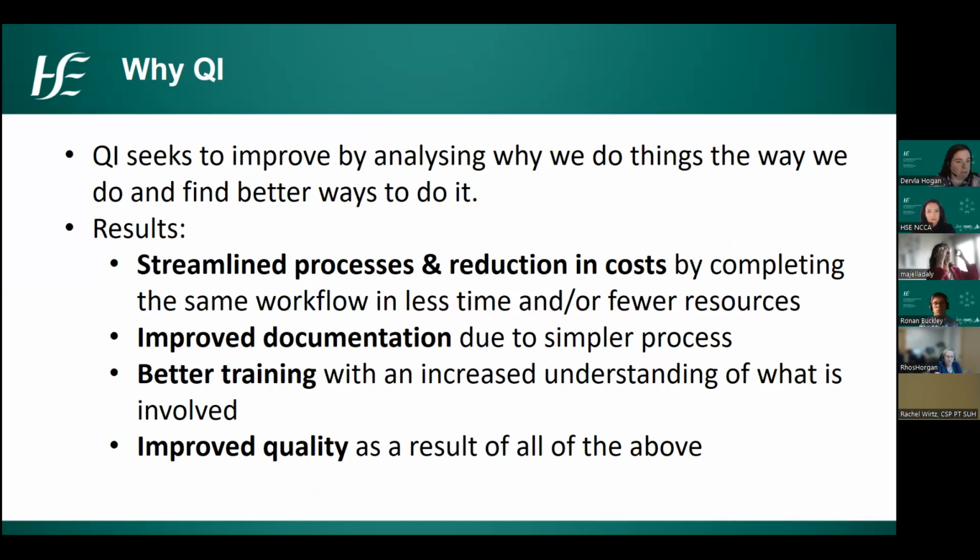We can produce improved documentation due to simpler processes, better training with an increased understanding of what is involved, and improved quality as a result of all of the above. So that's where we go back to the better patient outcomes, better experience of care, and the improved piece for the staff as well.